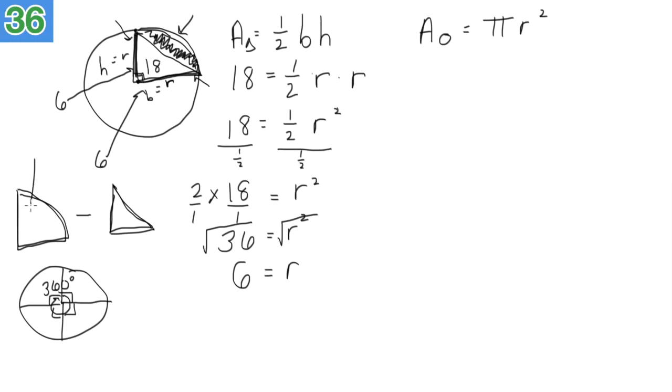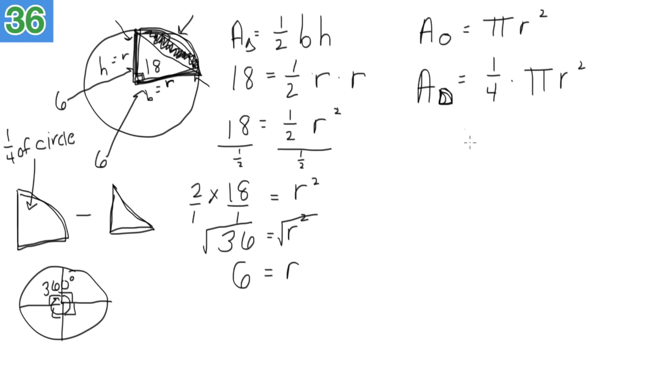So this whole bit is 1/4 of the circle. Okay, so the area of that whole bit, the bit we're looking for, is 1/4 of pi r squared. 1/4 of the total area is this whole bit.